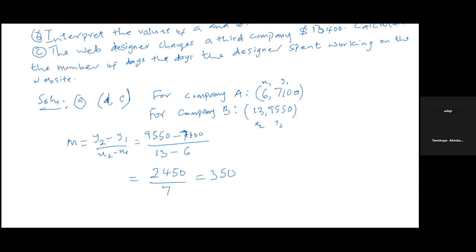But we won't answer question B now, since it says we should interpret the values of A and B. But you know that A in that context means slope. So M equals A equals 350.